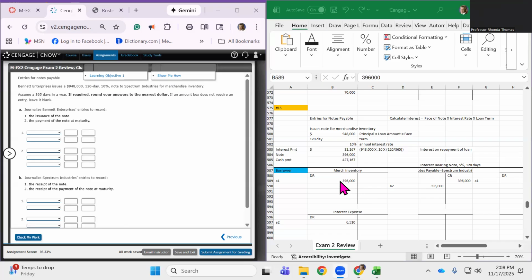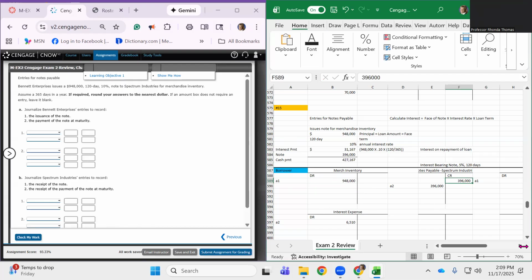Okay, so we're going to go through this here. It says Bennett issues the note, and they do it for merchandise inventory. So here is the inventory coming in, 948,000.